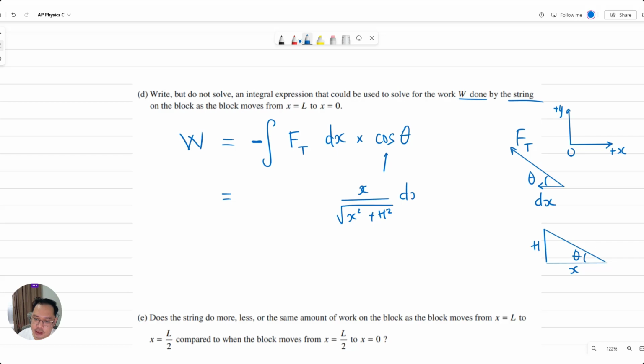And I will put the infinitesimal dx here, and ft, which is a constant here, and a negative sign in front of it, and integral. Okay, this is the expression, the final expression, the final answer of this question. Okay, so it's very important for the negative sign here and the correct expression for the cosine. ft here, remember, it is a constant.